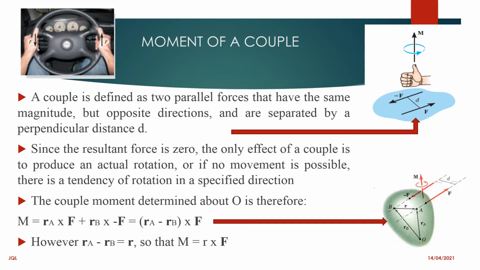I emphasize to tell you guys that a couple is a force, and there are always two of them, same magnitude but in different directions. How do we calculate a moment about a couple? Using a scalar method, you want to get a moment, forget about either this or that.